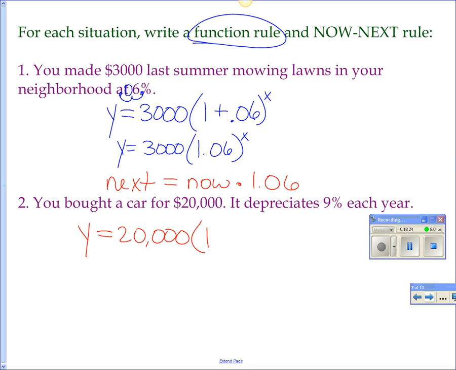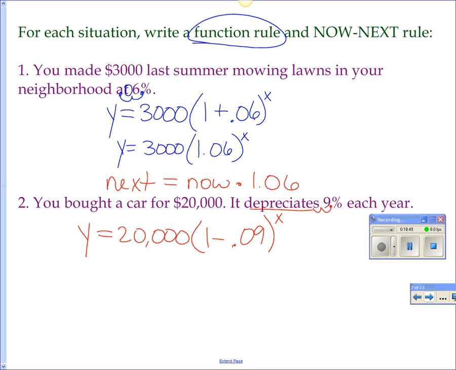Elijah, for depreciates, do I put a plus or a minus? A minus. Very good. Guys, depreciates means it's going down. Stephen R., how many times do I have to move my decimal? Twice. Very good. So that gives you 0.09, and you put x in the exponent spot. Put x in the exponent.